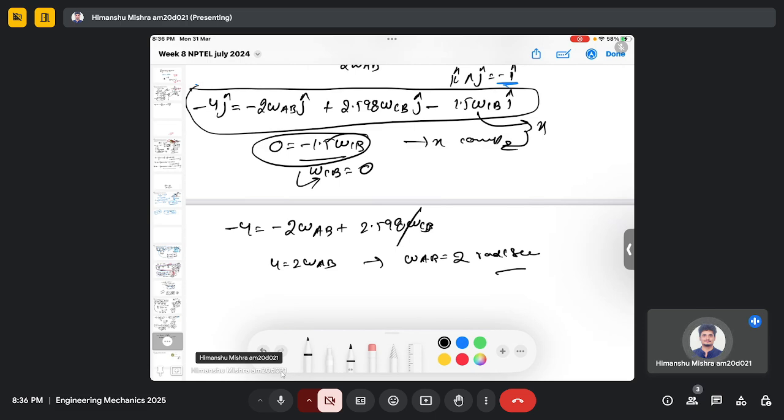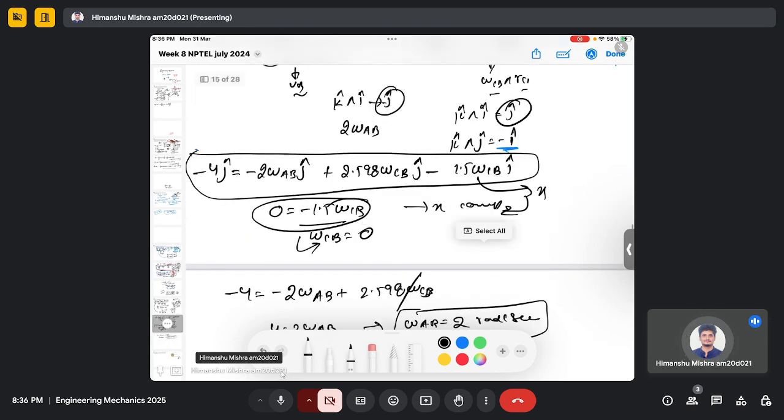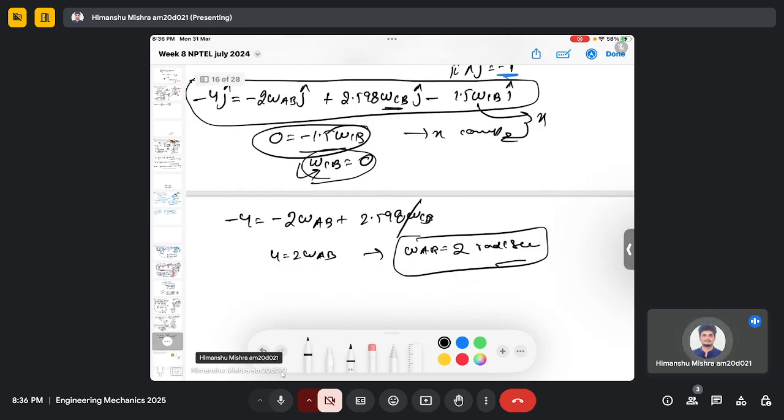So you get the angular velocity of AB. We didn't know the angular velocity of CB either, but from the x component equation we saw that it's 0. Then we solved the y component equation and saw that omega AB comes out to be 2 rad per second.